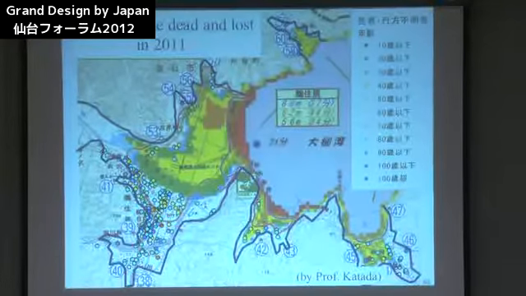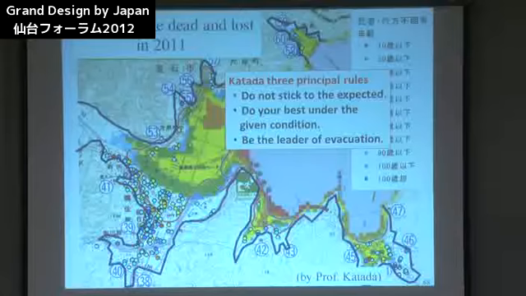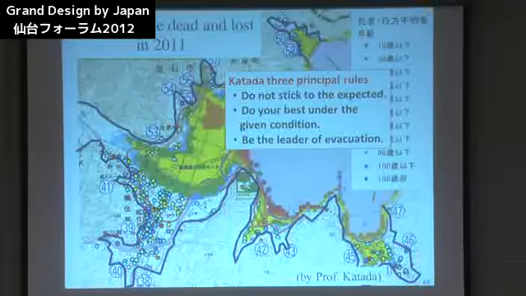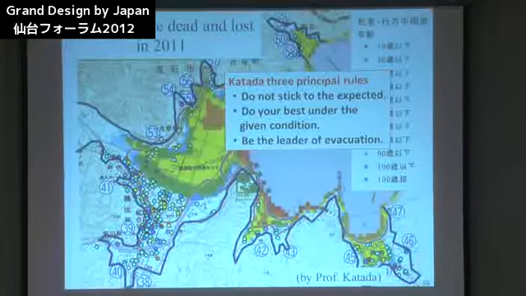But school children didn't think like that, because Professor Katada taught them three principal rules. The first one is, do not stick to the expected. Expected is expected, but you have to do your best looking at the phenomena with your own eyes and judge.